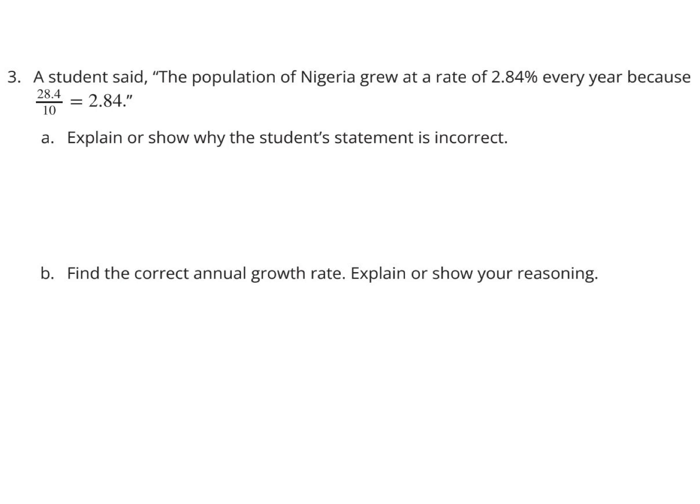Okay, one student said the population of Nigeria grew at a rate of 2.84% every year, because they took the growth rate and divided it by 10. But let's see if that's correct. So if I take our rate, which is 1.284, and I raise it to the 1/10 power to get every year, so this is just dealing with the factors, I get 1.0253.